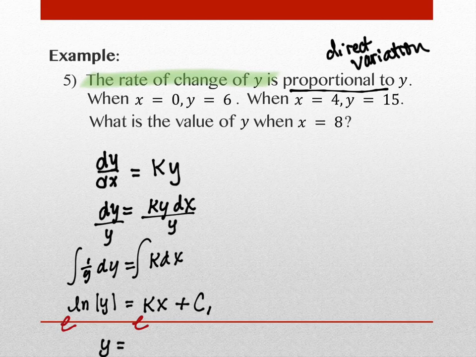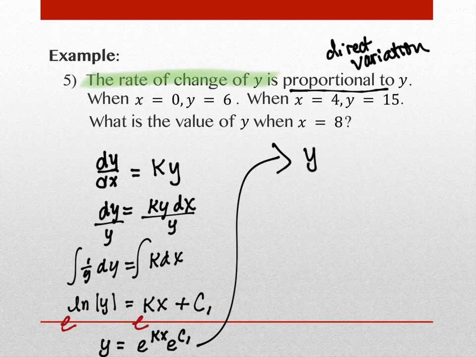And this y would become e to the kx plus c1, which is the same as e to the c1 times e to the kx, which is, we've done it now 3 times, or this is time number 3 anyway. So my differential equation solution, the general solution, is y equals Ce to the kx.